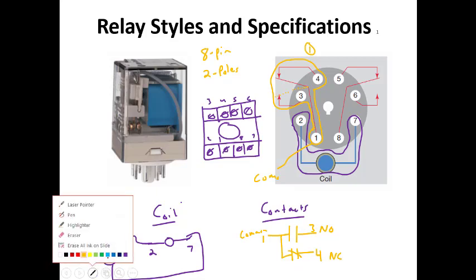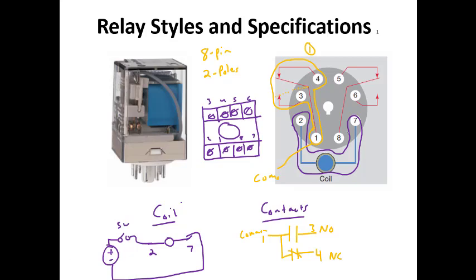The next set of contacts is over here. So if we look at these, this would be 8, 5, and 6. These are all connected together. And so 8 is the common.